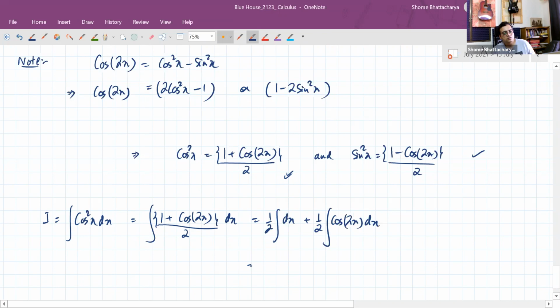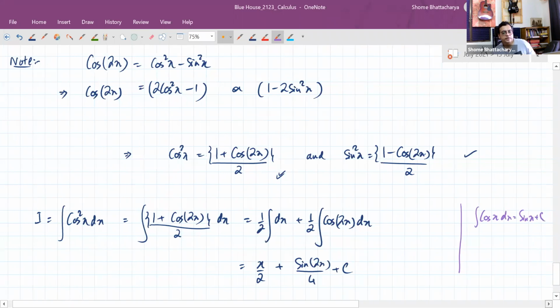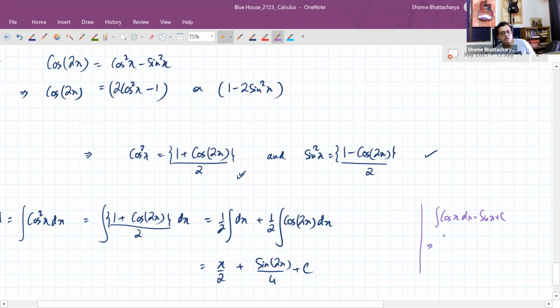And then just using the simple idea that the integral of cos 2x will become sine 2x by 2. So there's another 2 here. So the simple logic of that is we know that integration of cos x is sine x. So that is the linear substitution thing that we had seen earlier.